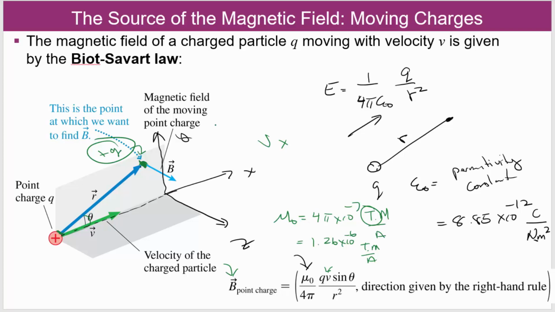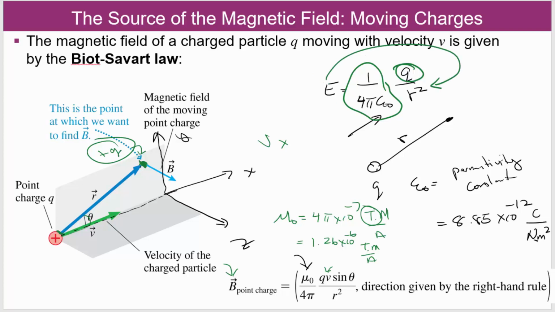So you can see some similarities here, right? The source of the electric field is a net charge. So we have our permittivity constant, and the electric field falls off as 1 over r squared.